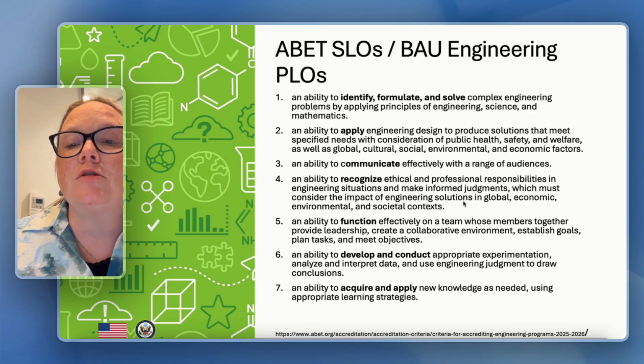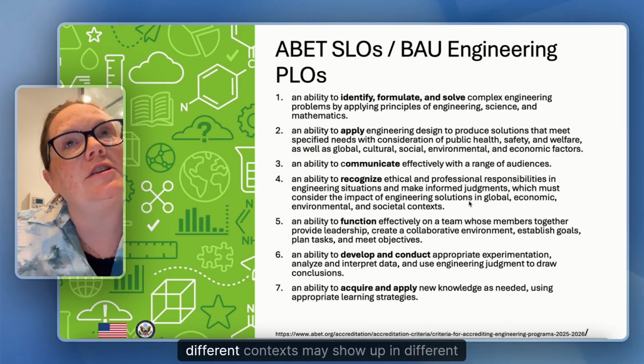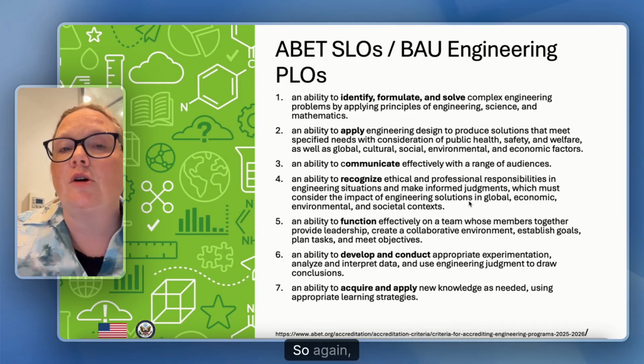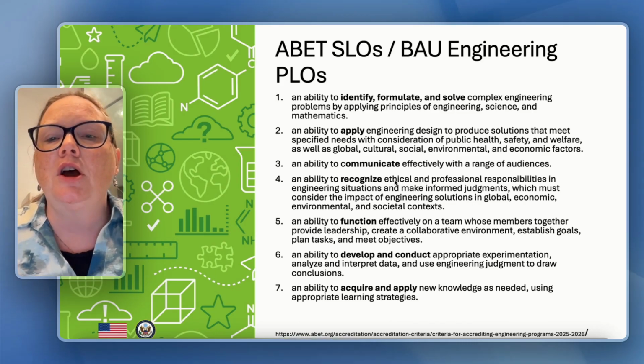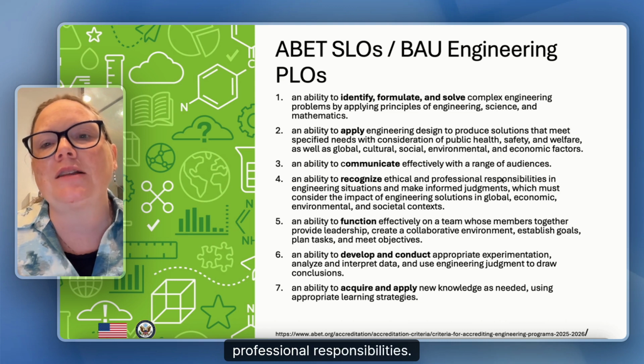So thinking about global engineering, economic, environmental, different contexts may show up in different courses. So again, this is how you can match those PLOs. But here you're thinking about ethical and professional responsibilities.